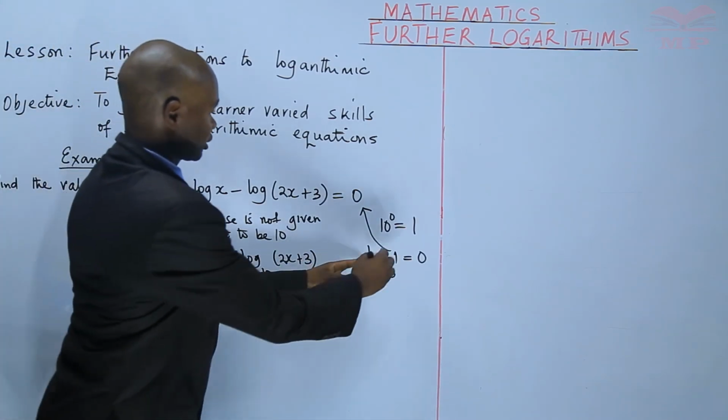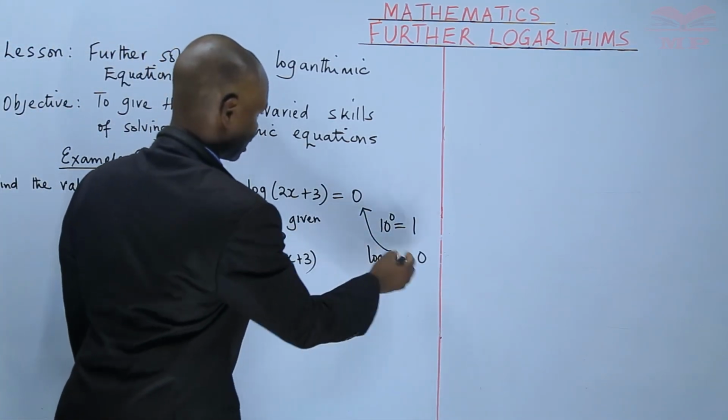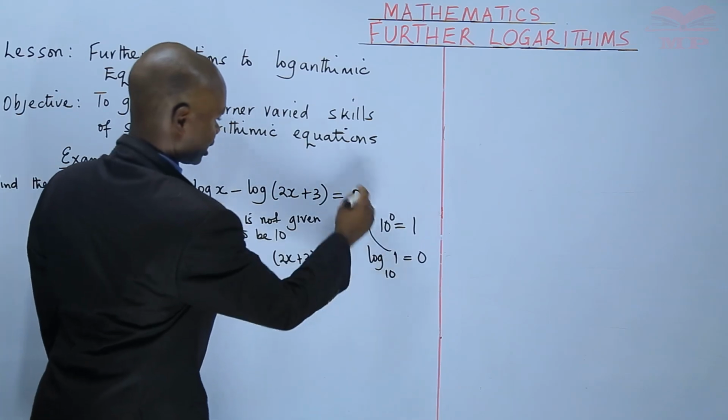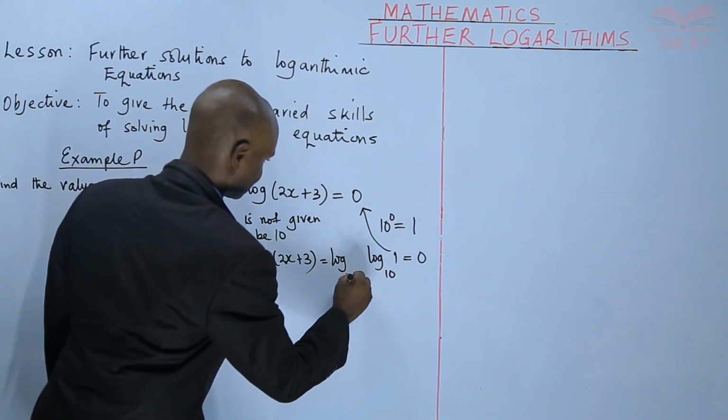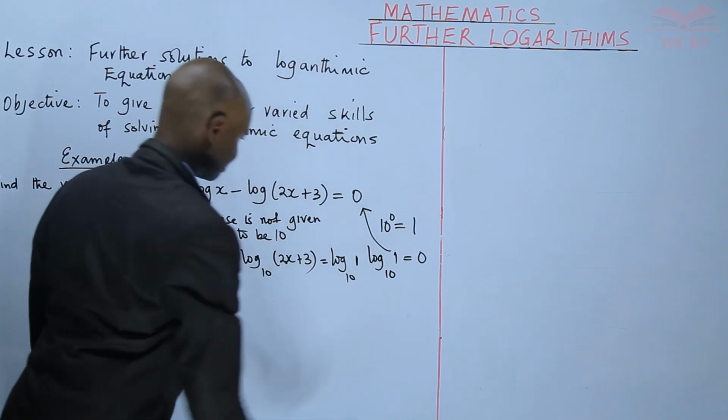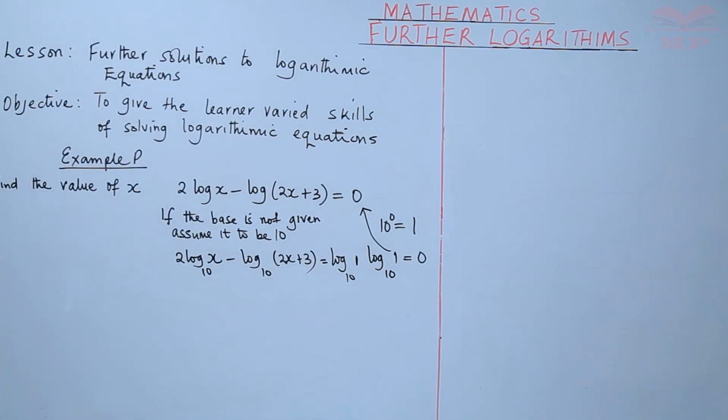I'll replace what I've got here at that 0, so I'll have log base 10, 1. You see, I've already replaced that 0, because all of them are to the same base.